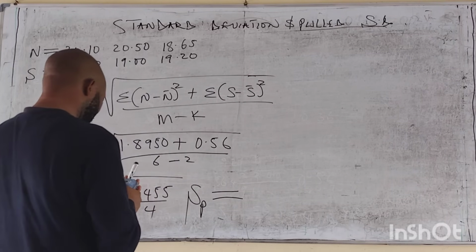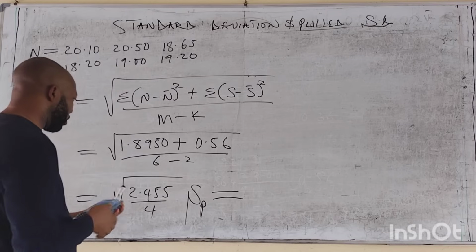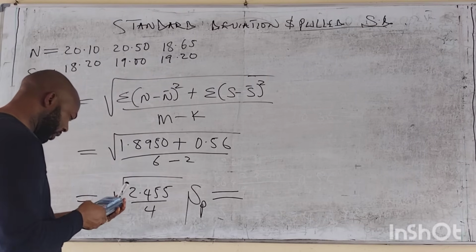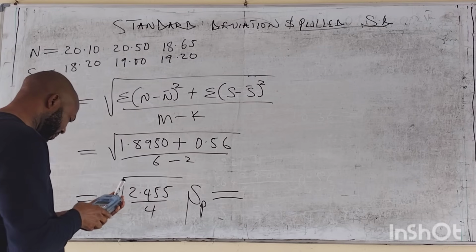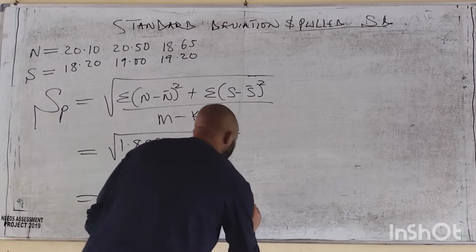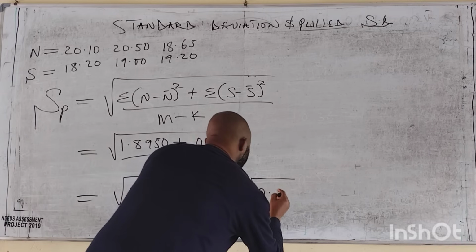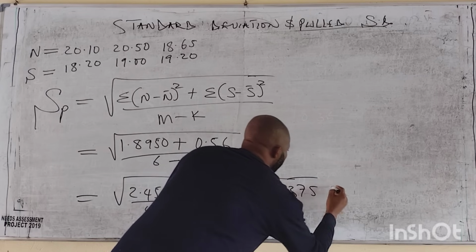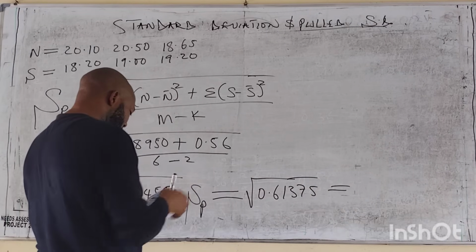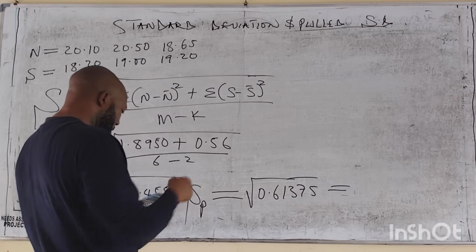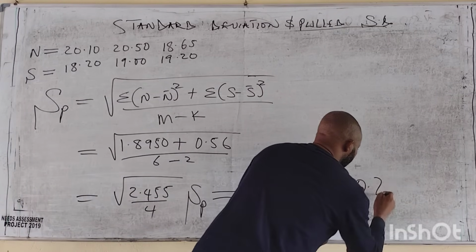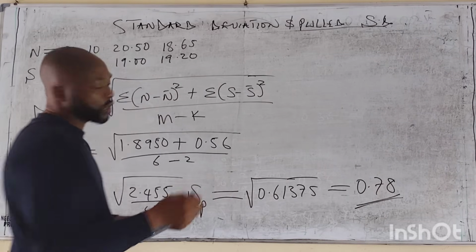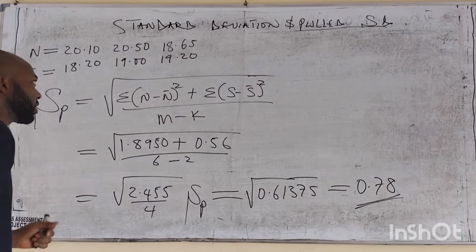When I divide this by 4, I have 0.61375. And the root of that will be 0.78. So the pooled standard deviation of the standard method and the new method was 0.78.